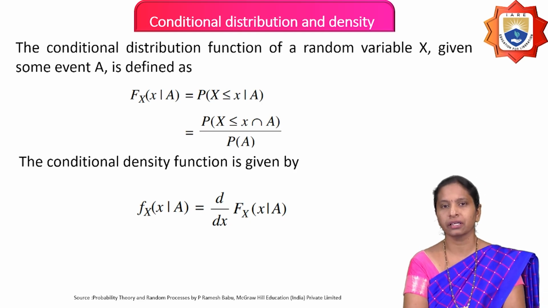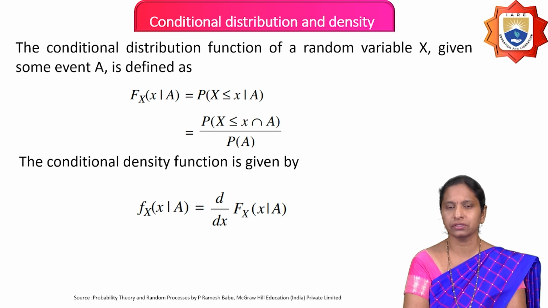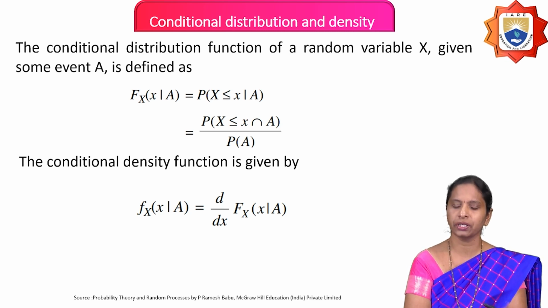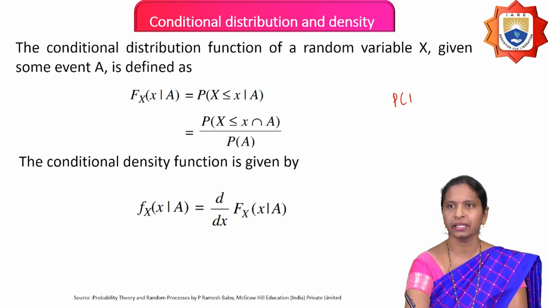So, what is the conditional probability? Already in the previous lectures, we have seen the conditional probability of an event B given the event A. What is the formula here?